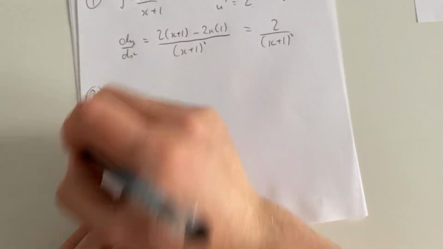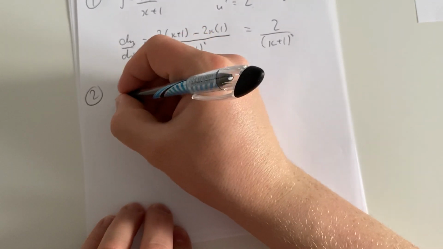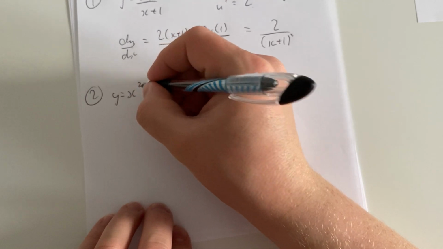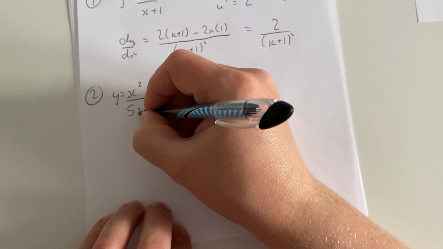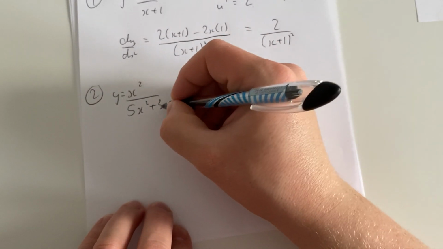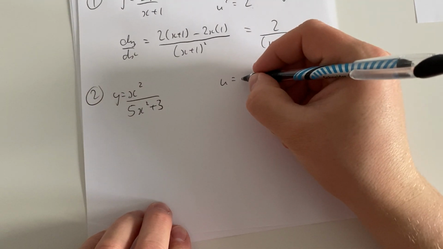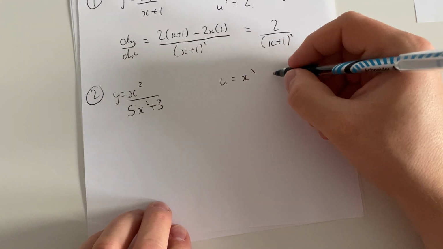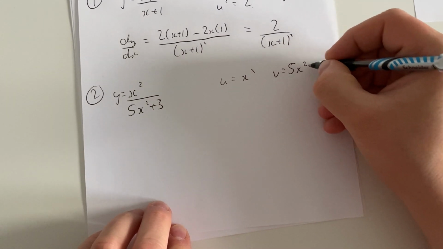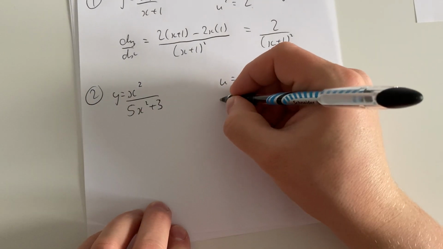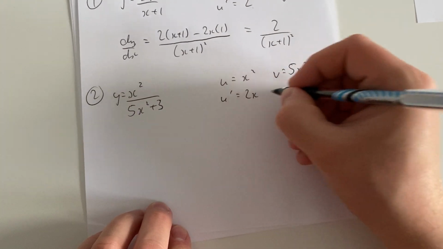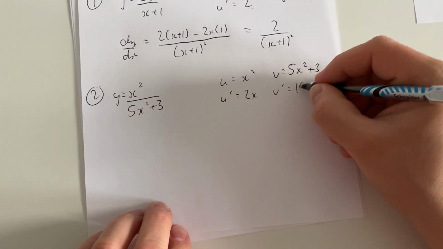So, question 2, let's go for a little bit more complicated, not much: x squared over 5x squared add 3. So u has to be the x squared and v has to be the 5x squared add 3. Differentiate both of them.